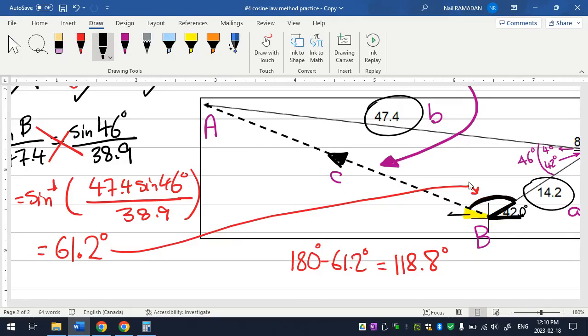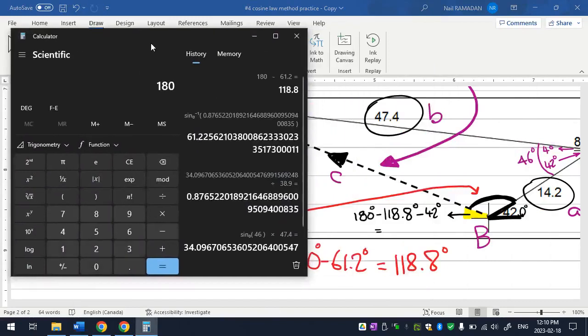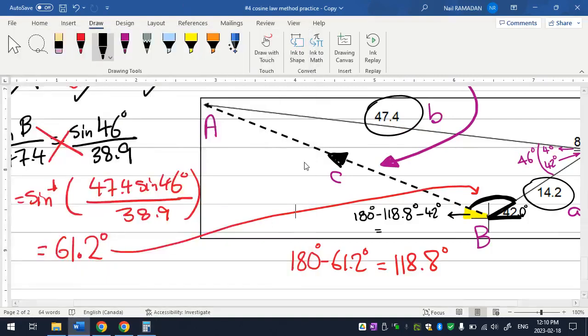So this one will be just 180 minus 118.8 minus 42, which is 19.2.